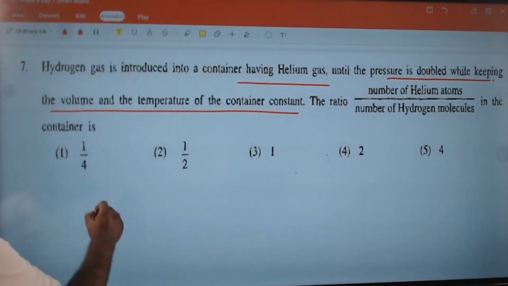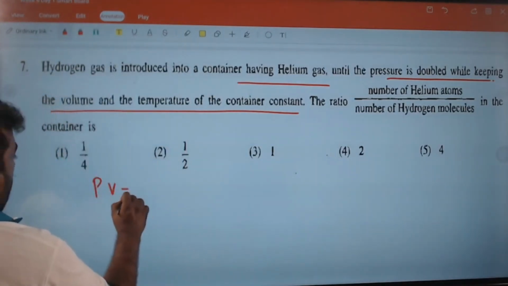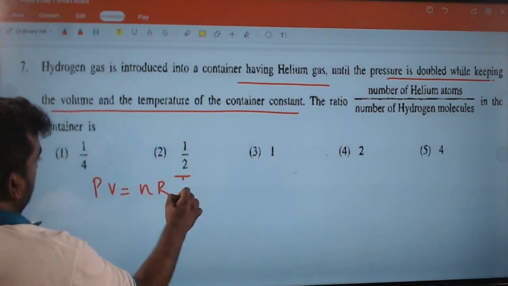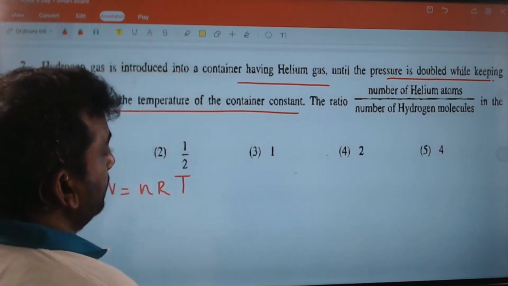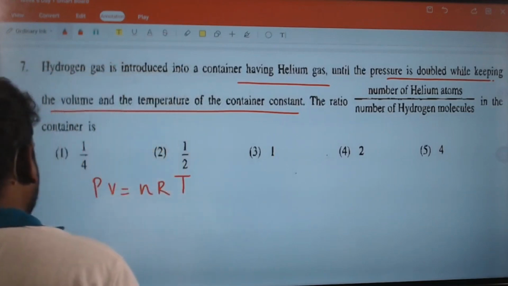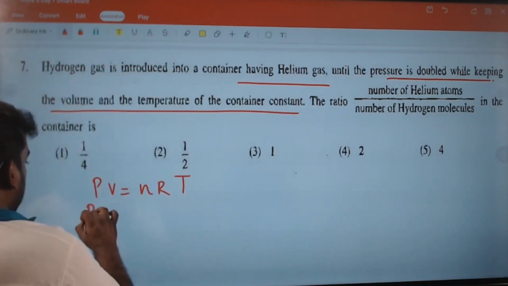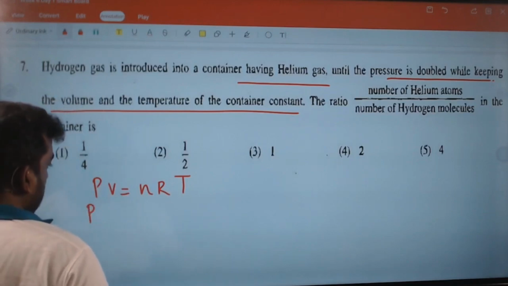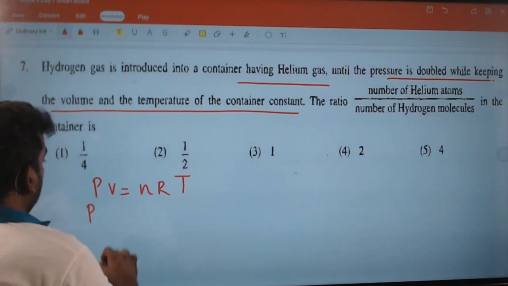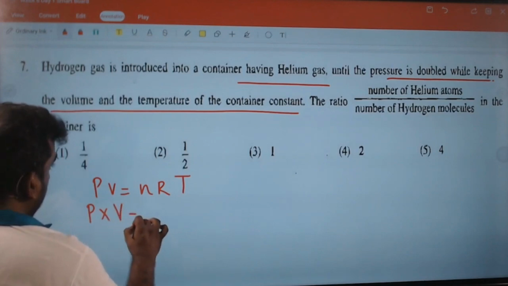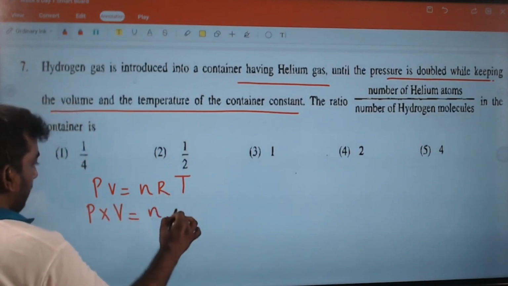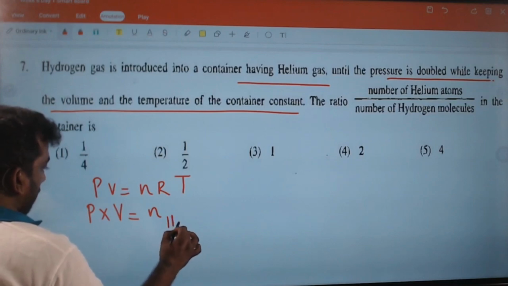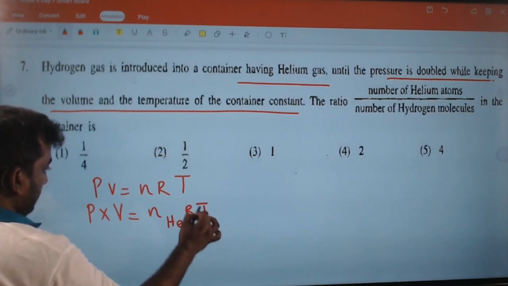Now look at this carefully. PV equals nRT. Pressure P, volume V, number of moles N1, this is for helium, RT.